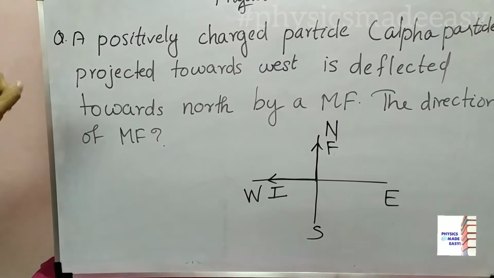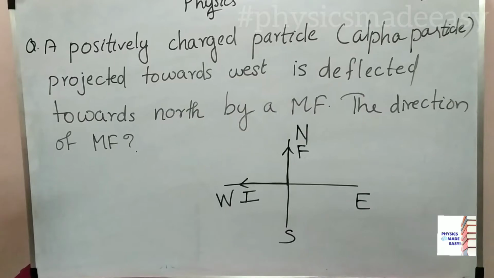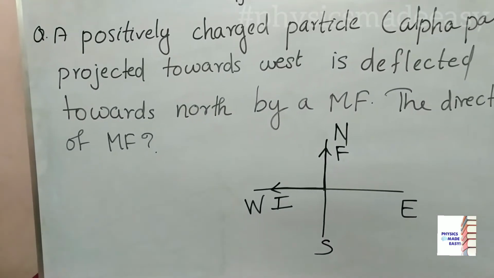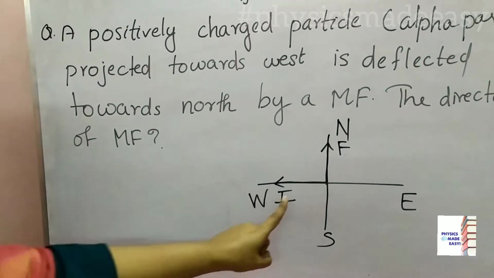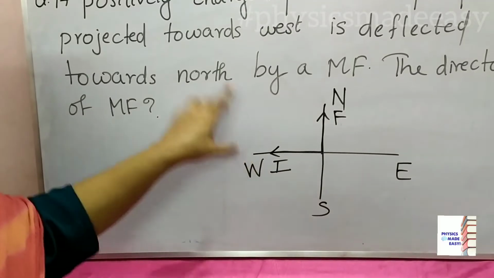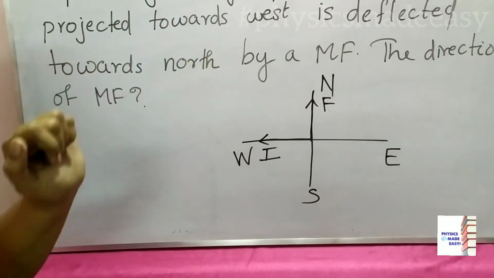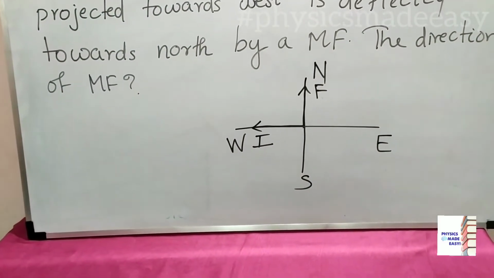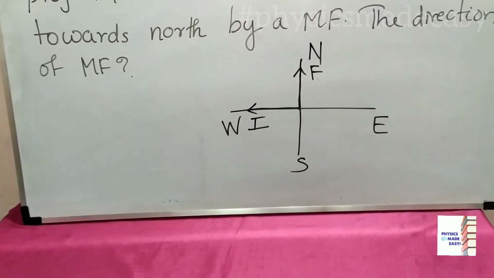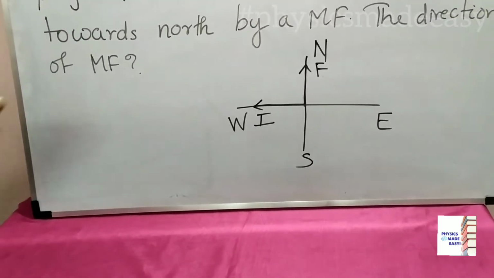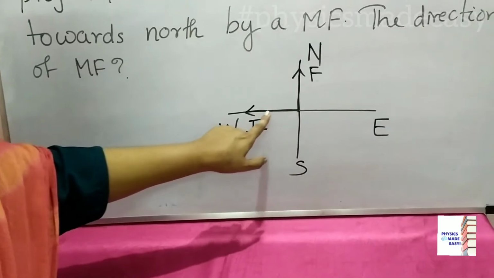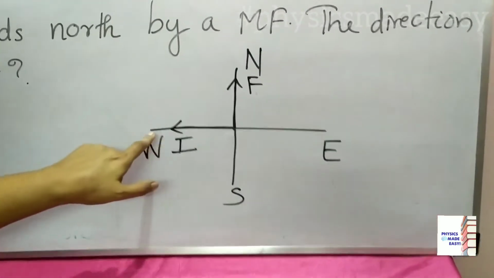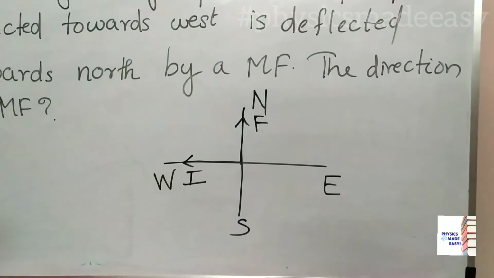Listen children, here a positively charged particle, a proton or an alpha particle, is projected towards west. You know, the direction of motion of a positively charged particle we consider as the direction of current. So you can see this is the direction of current, towards west. We have to mark the direction of current.